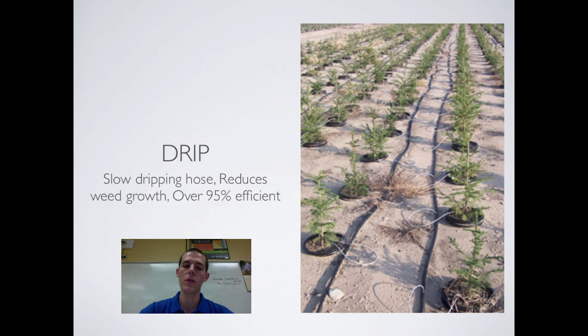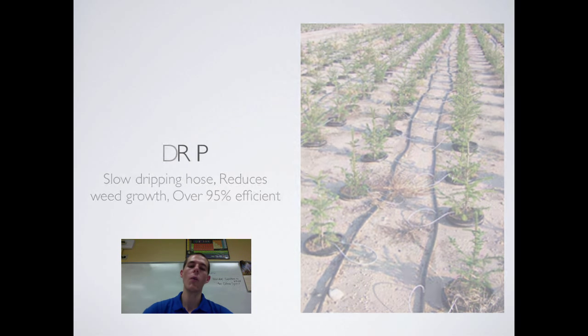Either way, it's a hose dripping on the plant. It can reduce weed growth if those hoses are laid underground because the topsoil stays pretty dry, so weeds can't germinate, but the plants still get the water that they need. And regarding efficiency, drip irrigation is over 95% efficient. So most of the water that is let out of these hoses actually gets used by the plants.